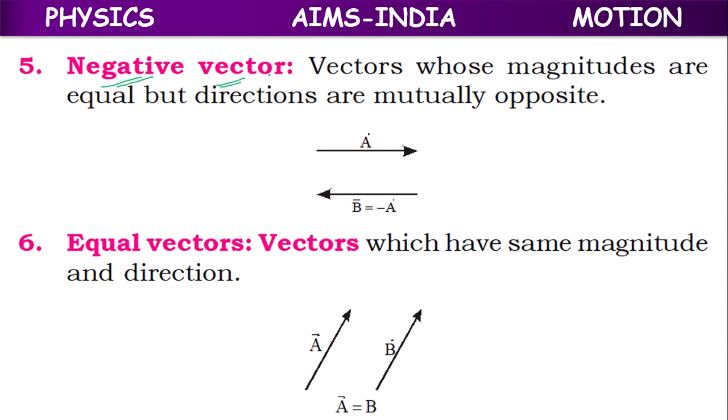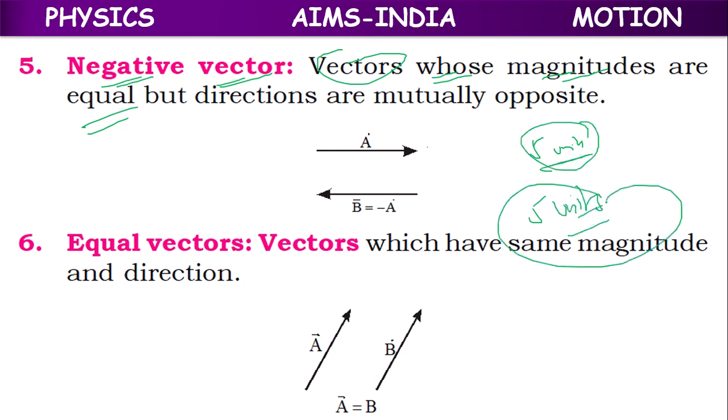Next, negative vectors are vectors whose magnitudes are equal. If the first vector has 5 units length and the second vector also has 5 units length, their magnitudes are the same, so they are called equal vectors.